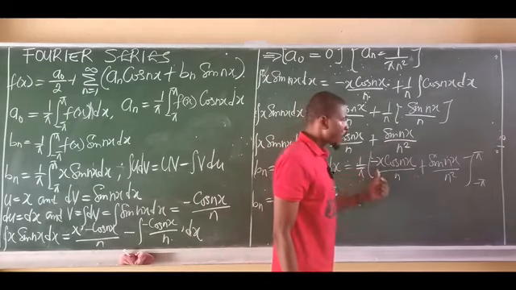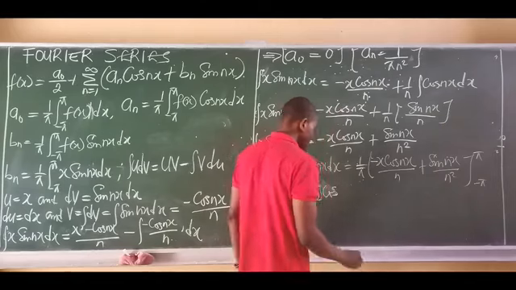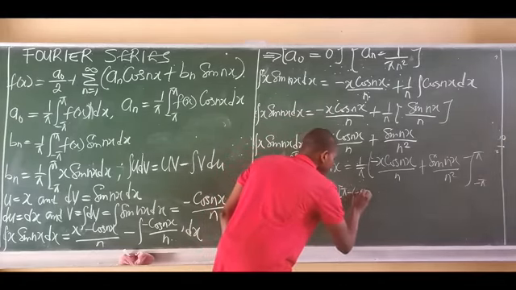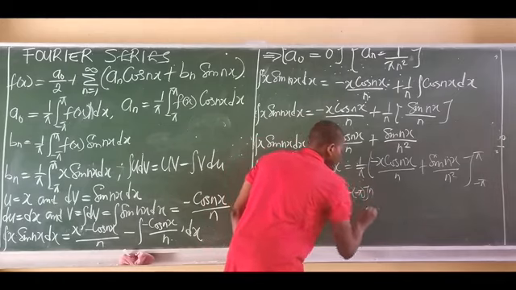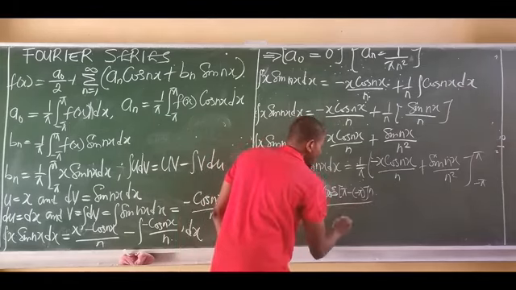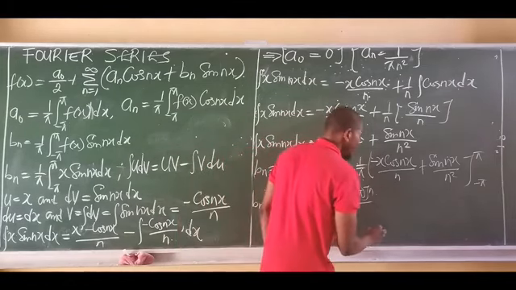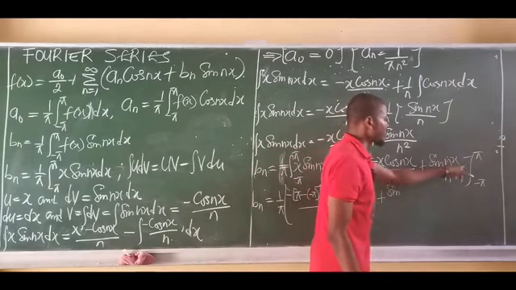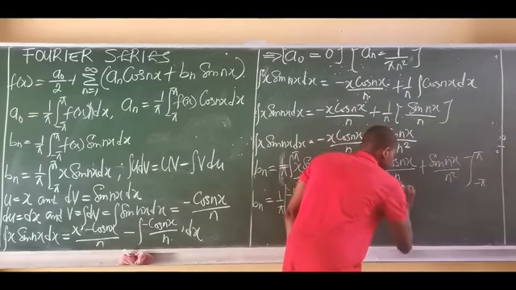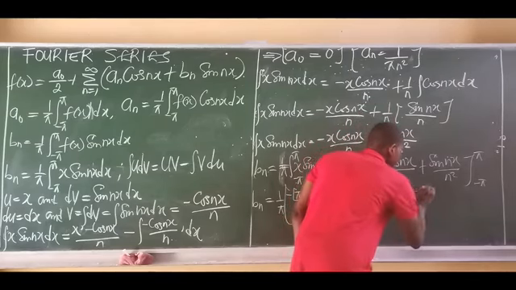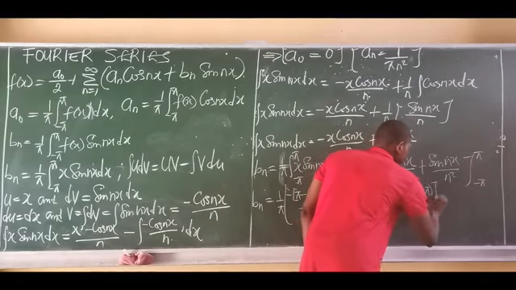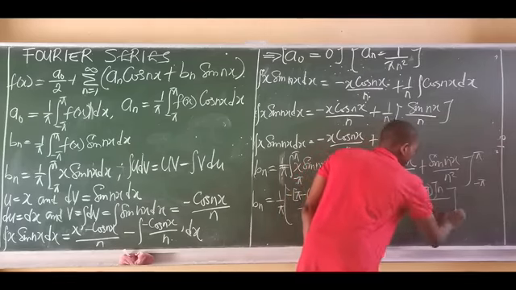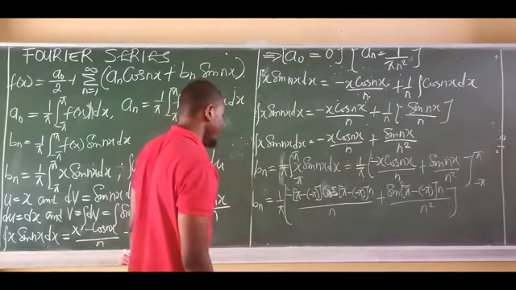In place of x, upper limit pi minus lower limit minus pi, times n all over n, plus sine nx. Same thing: in place of x, upper limit comes first, sine pi minus lower limit minus pi, append your n, all over n all squared. All right, so I have this.